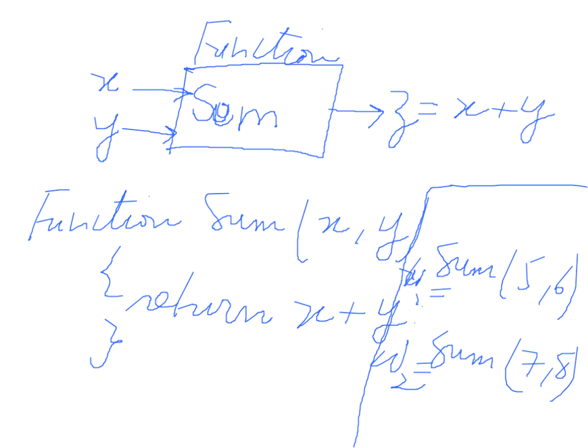Yes, so here in our case, the function is a block of code for executing specific tasks. And why do I have to create this function? To avoid writing all this block for each instruction.